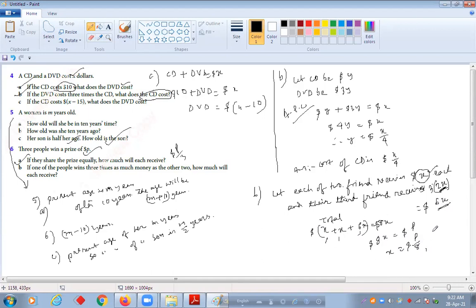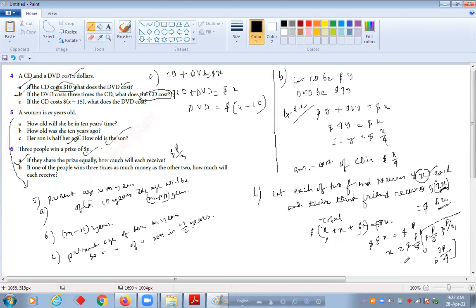Second friend also received P by 8. And the third friend received how much? First and second friend's total is P by 8 plus P by 8, LCM 8, P plus P, 2P, then P by 4. And 3 times of P by 4 means 3P by 4.